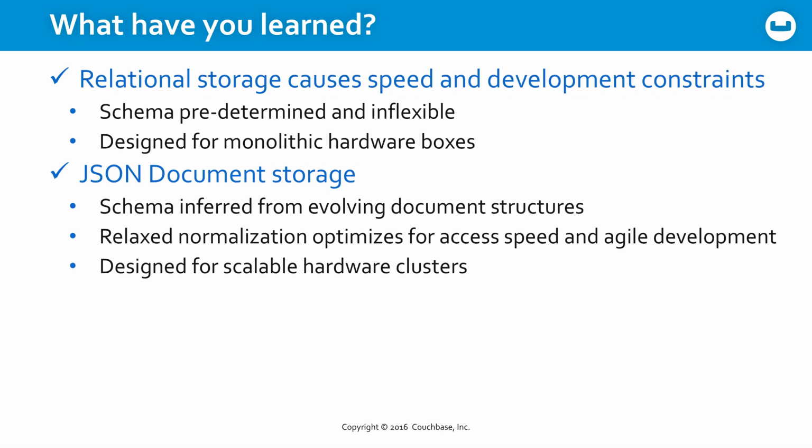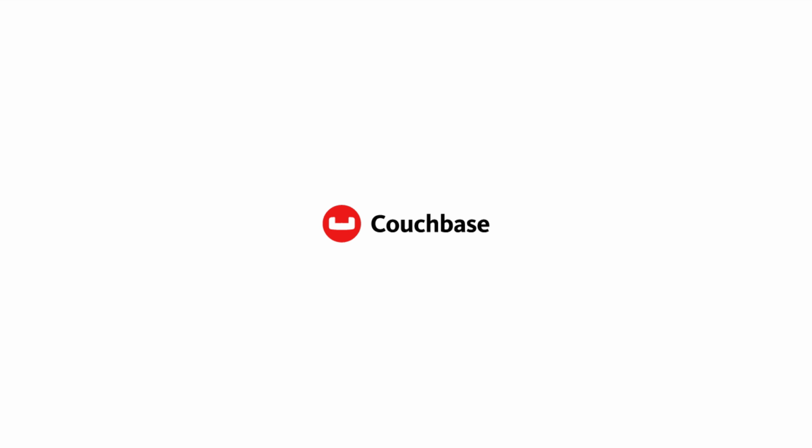This relaxed normalization approach is optimized for access speed as well as agile development. It's also designed for scalable hardware clusters because you may get popular, you may need more servers, and you may need to evolve your structures over time. Coming up, we're going to start diving into the Couchbase specific details that you'll consider as you model your own target business domain using JSON.